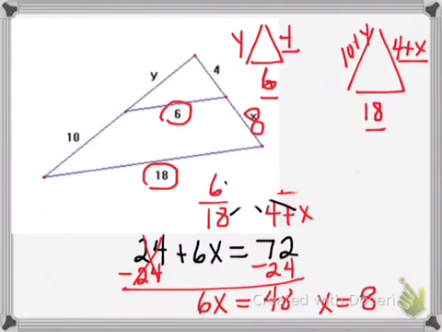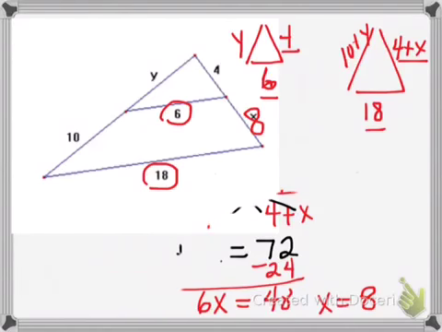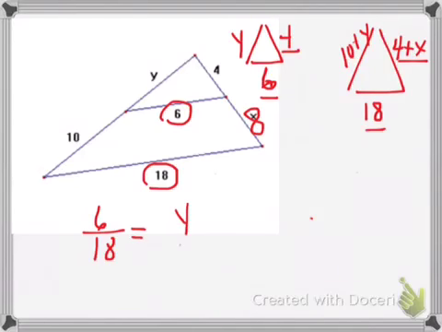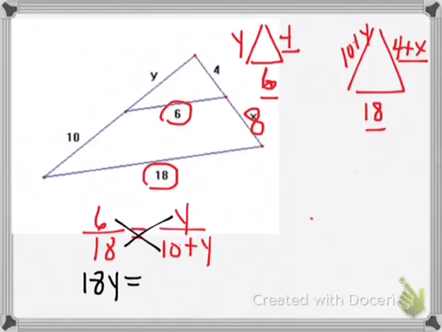Now I also want to find Y. So in order to find Y, I'm going to say 6 over 18 equals Y over 10 plus Y. And I'm going to cross multiply. So that's going to give me 18Y equals 60 plus 6Y.